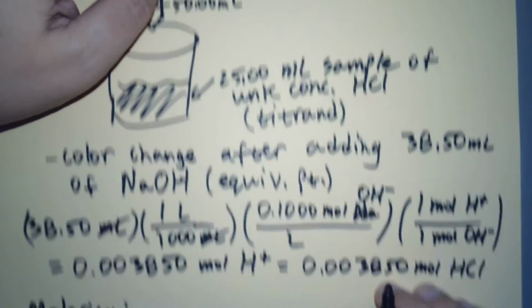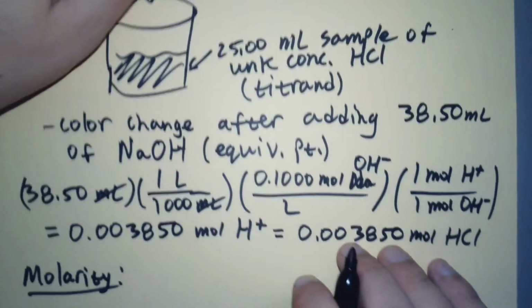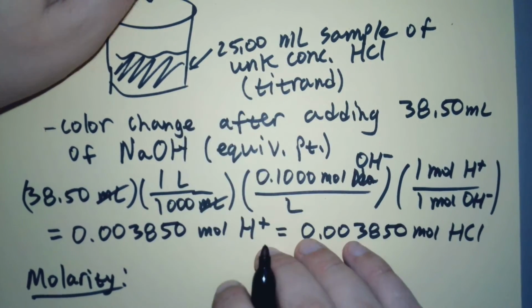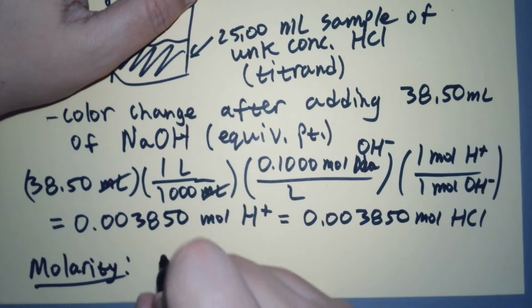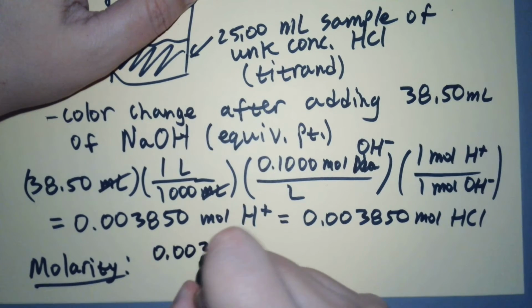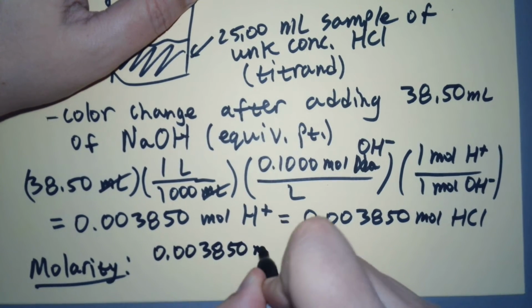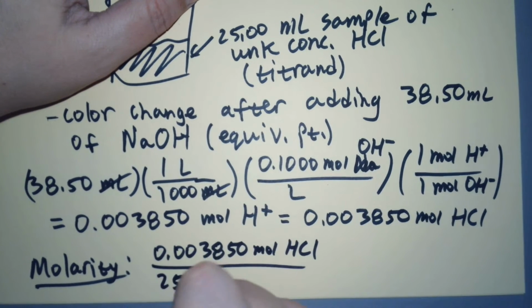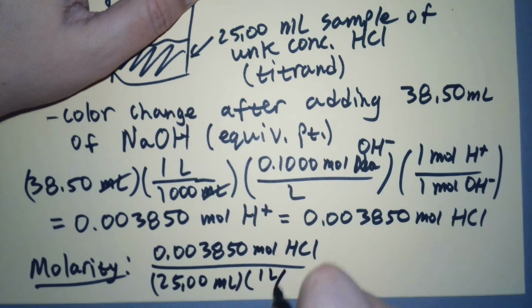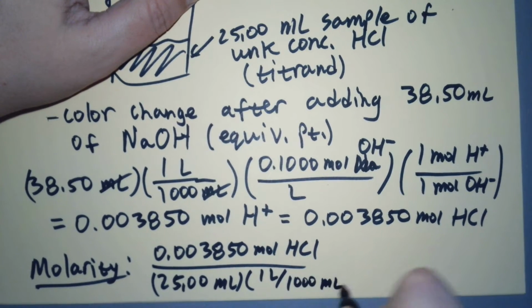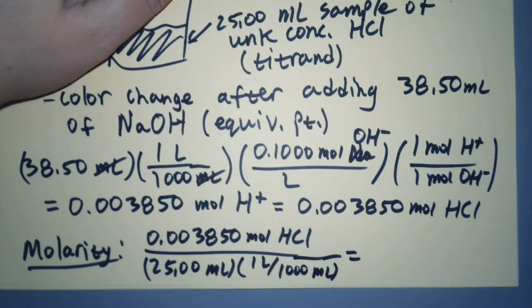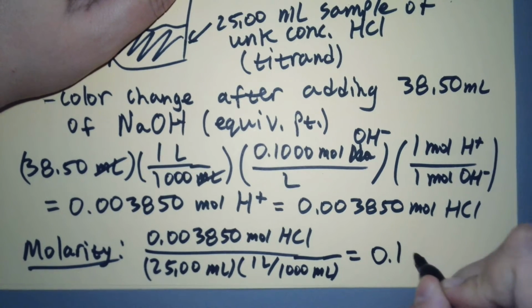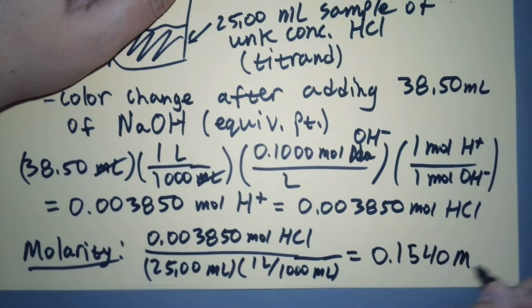Well, I've got moles in this volume, and I want to make sure it's moles over liters, so I go 0.003850 moles HCl over 25.00 milliliters, but that's 1 liter for every 1,000 milliliters. I carry through on that calculation and I get 0.1540 molar HCl.